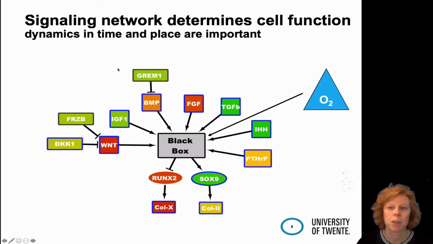We have large amounts of data, and we also do not have all the information needed to fully understand what's going on in cartilage. Ultimately, the signals are integrated in this black box that regulate the exact activity of SOX9 and RUNX2. We therefore use computational models with experiments to paint a complete picture.